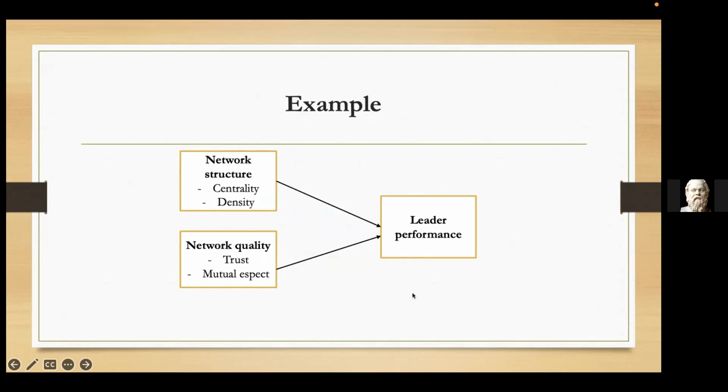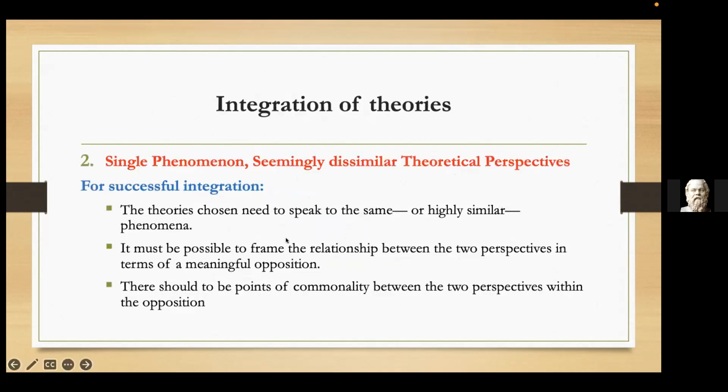So think about your study. Do you have common themes in your variables? If you do, then you are using approach 2. If you don't, then it is approach 1 that you're using. Now, for this to happen successfully, the theories chosen need to speak to the same or highly similar phenomena, okay?